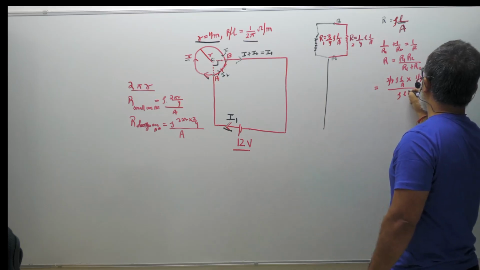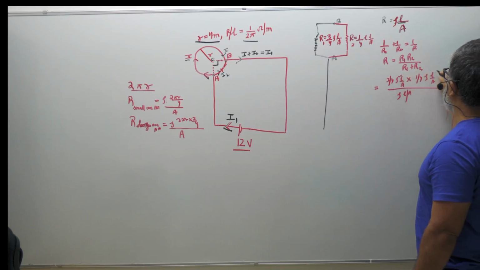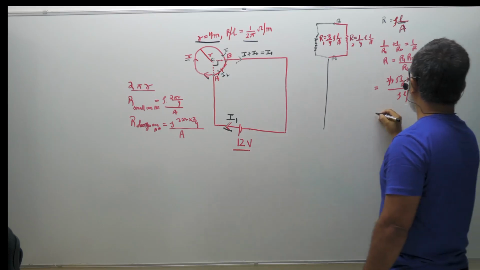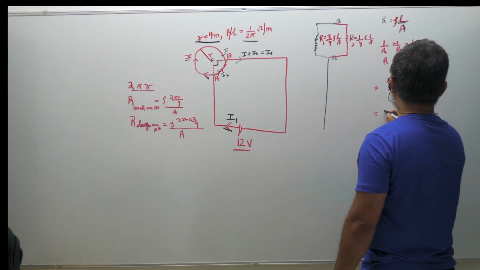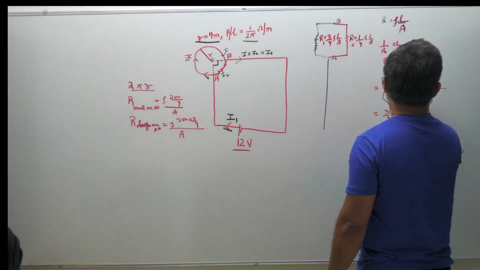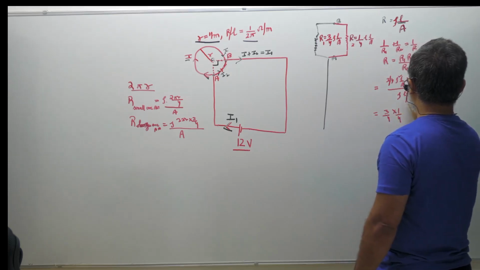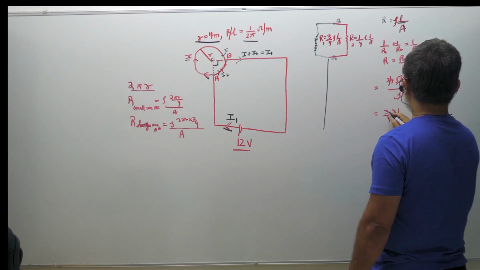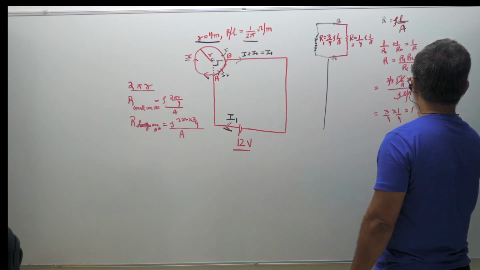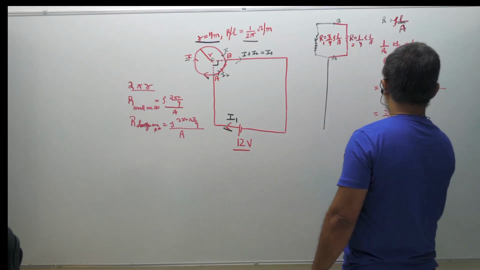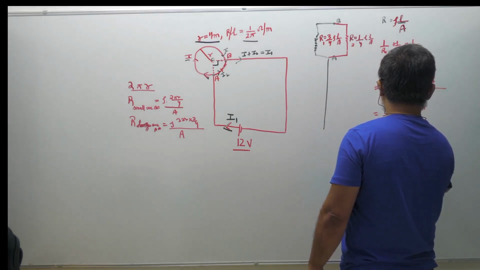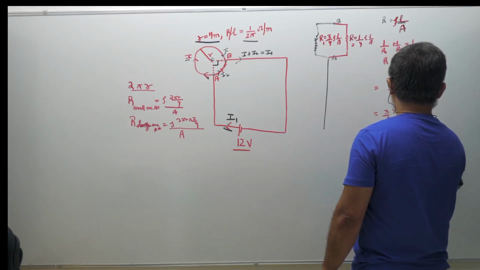Okay, and this rho L by A will cancel, and what you will get now is 3 by 4 multiplied by 1 by 4, which is 3 by 16 rho L by A.